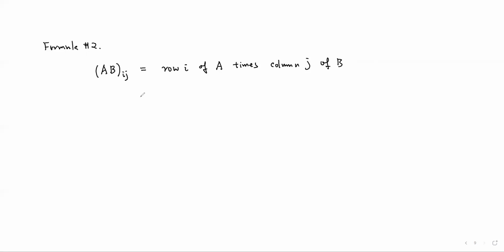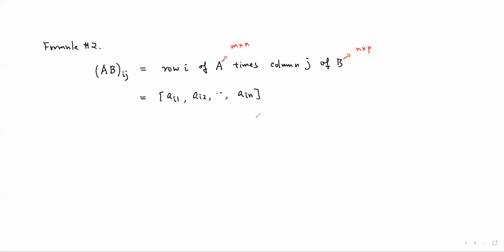In detail, row I of matrix A is: the first entry is AI1, second entry AI2. How many entries in each row? We assume matrix A is M by N, and matrix B is N by P. So each row has N entries, up to AIN.